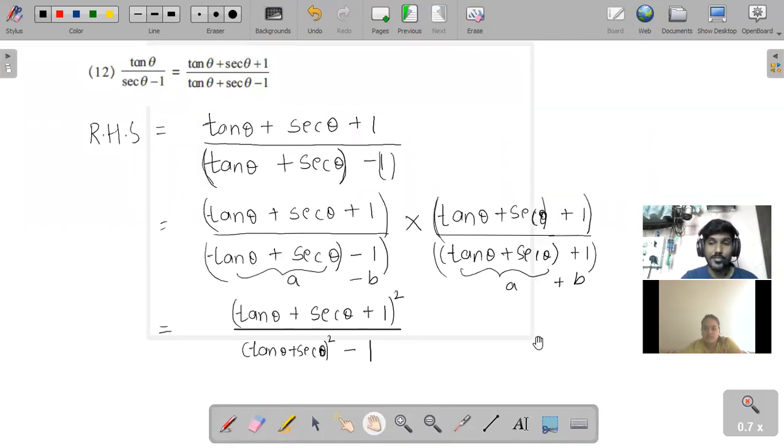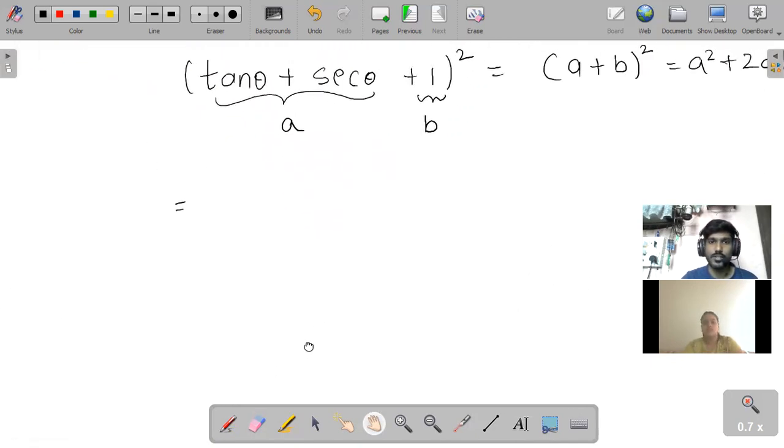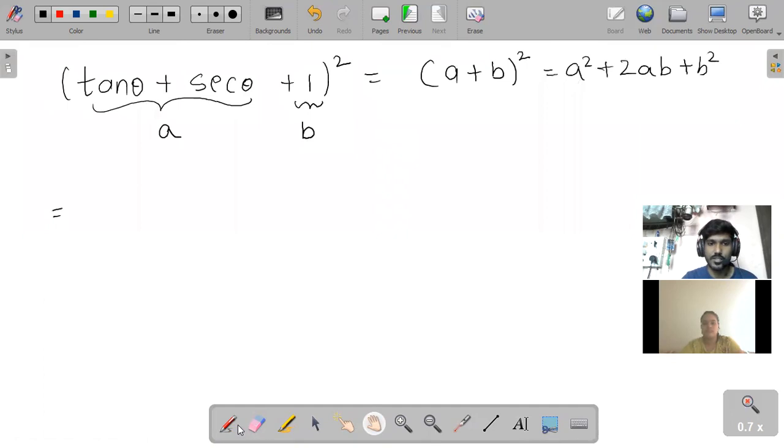That way would be much lengthier. You will have to replace tan by sine upon cos, then sec as 1 upon cos, then do cross multiplication, and then a lot of rearrangement in that method. Okay. So this is the shortest, I guess.